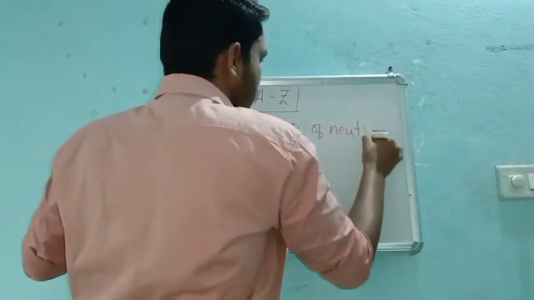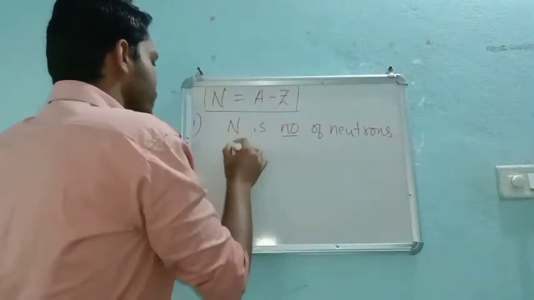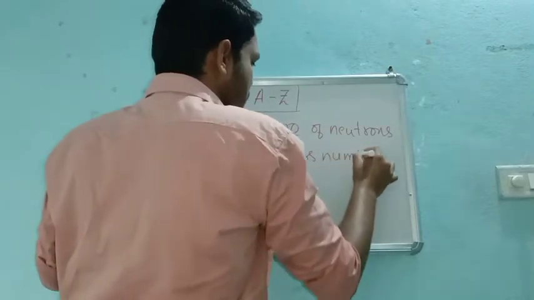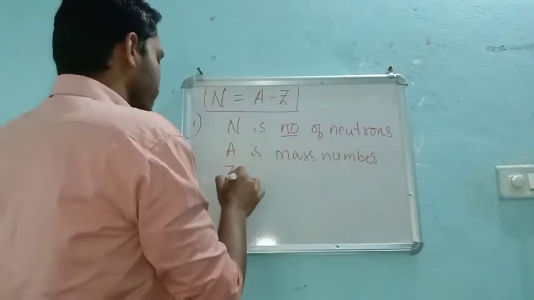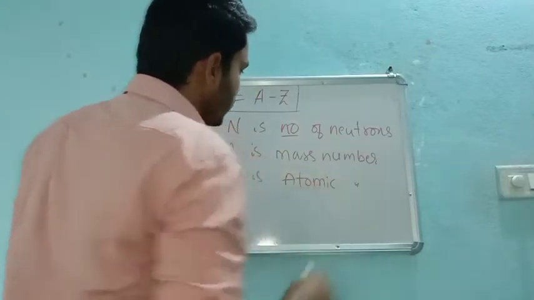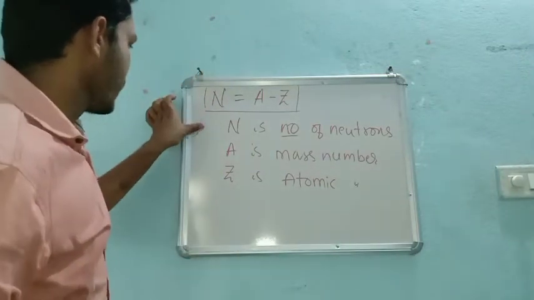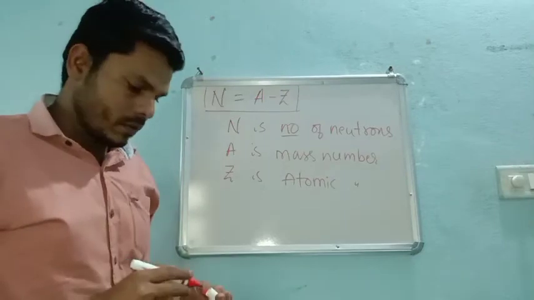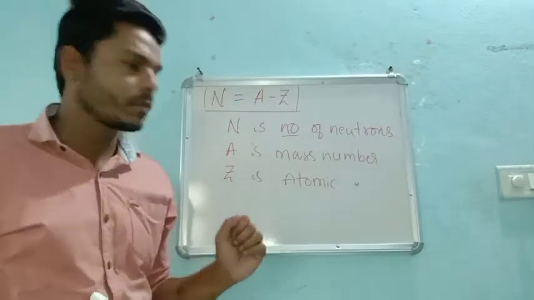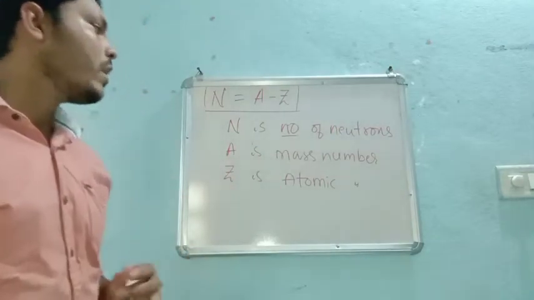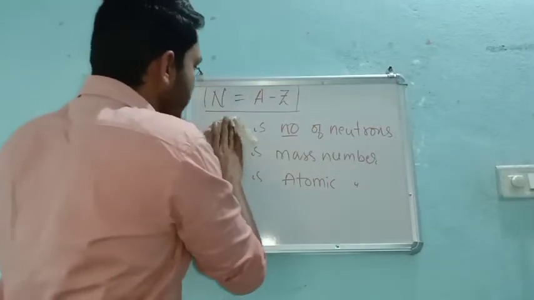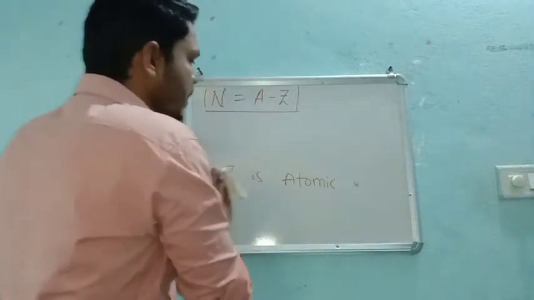A is nothing but, as we already know, the mass number, and Z is nothing but the atomic number. Once again, N is the number of neutrons, A is the mass number, and Z is the atomic number. So this is the formula. By using this one we can calculate the number of neutrons present in different elements.